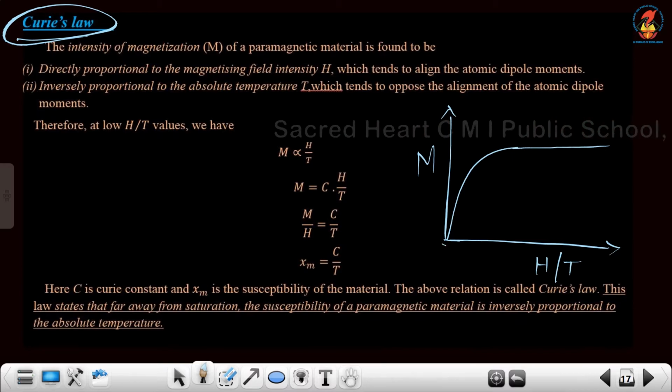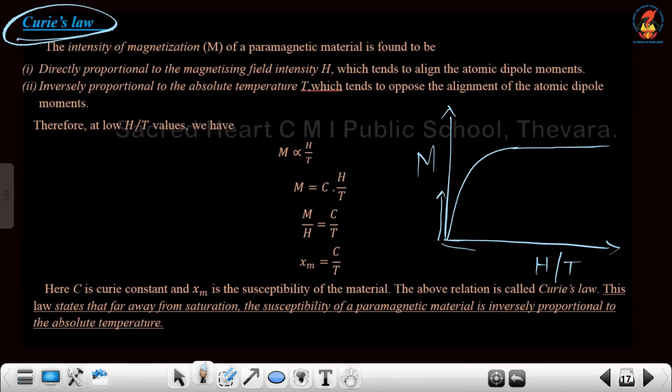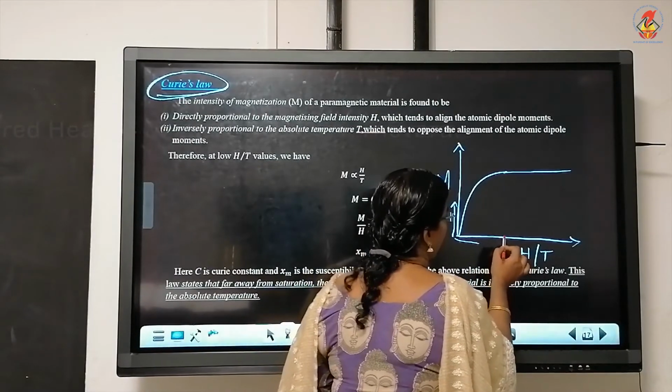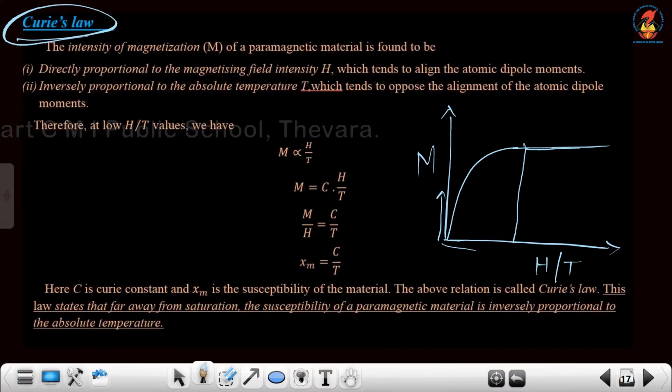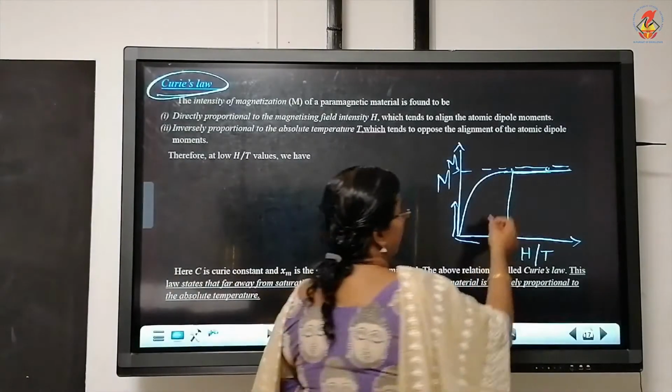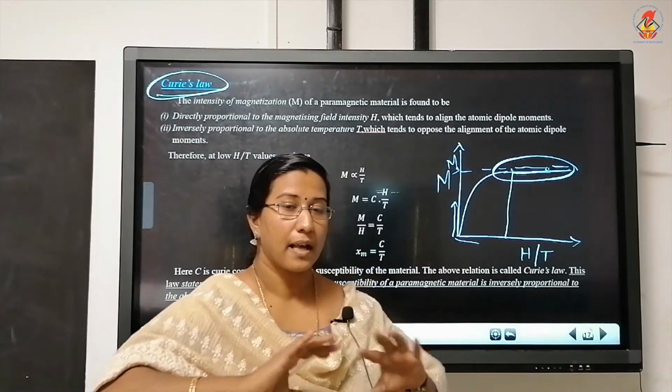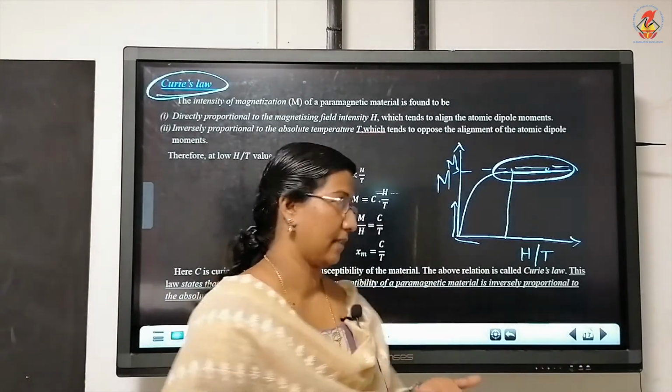As my external field is increasing, the magnetic dipoles getting aligned to the field also increase. But after a certain value of external field, there won't be any more magnetization. This value is the maximum magnetization which can be obtained in that particular material, and this region is known as the saturation region. Beyond that region, the material won't get magnetized more.